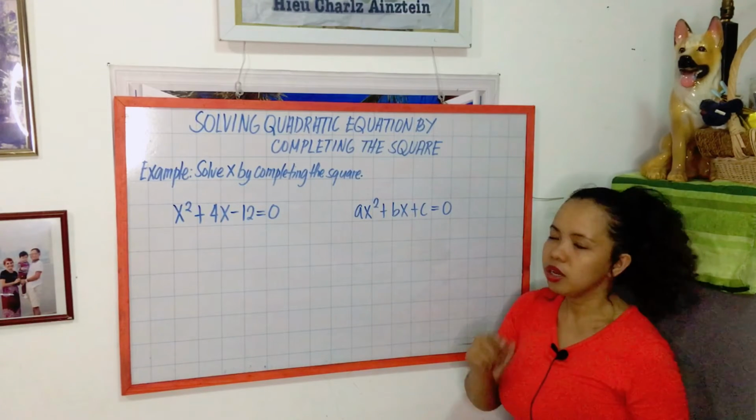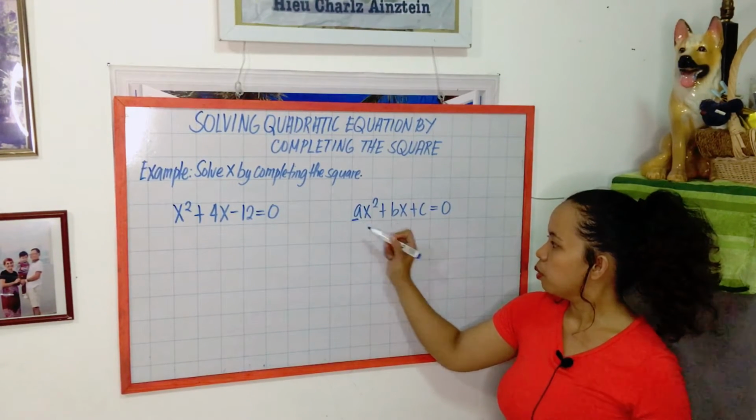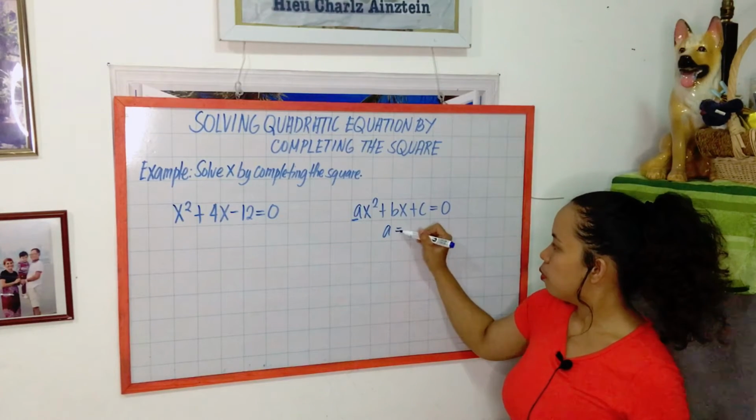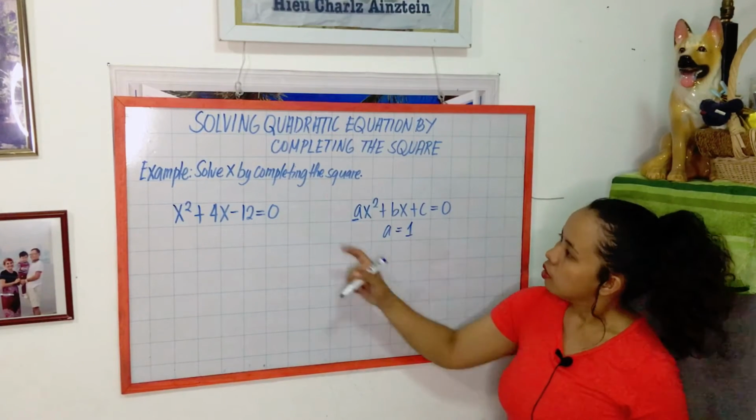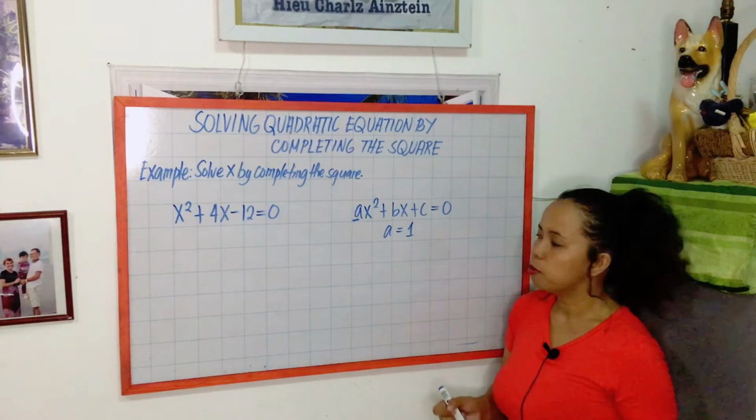Ang una nating tingnan is dapat yung a, the first constant, must be equal to 1 before natin ma-apply yung method of completing the square.